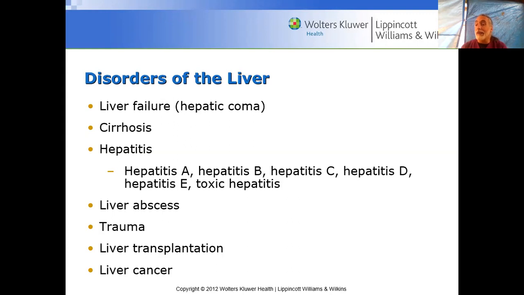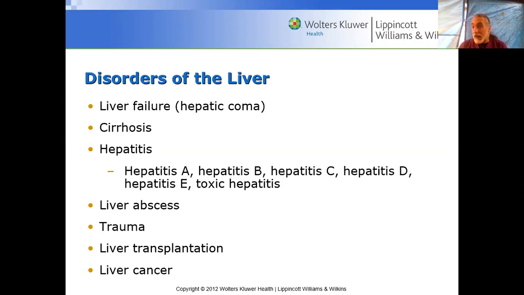Now, not always is it caused by a virus. You may have drug-related inflammation of the liver, which would be toxic hepatitis, or the viral hepatitis A, hepatitis B, C, D, and E. These are viruses that can cause inflammation in the liver.